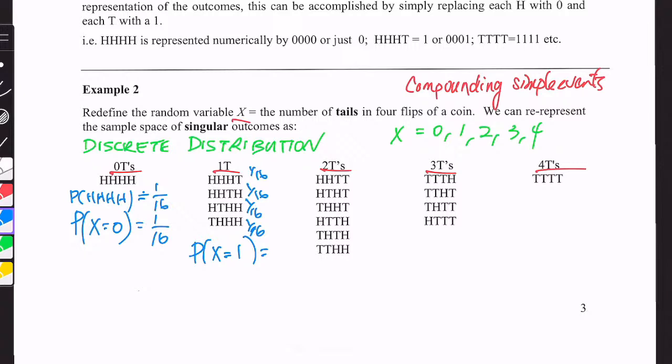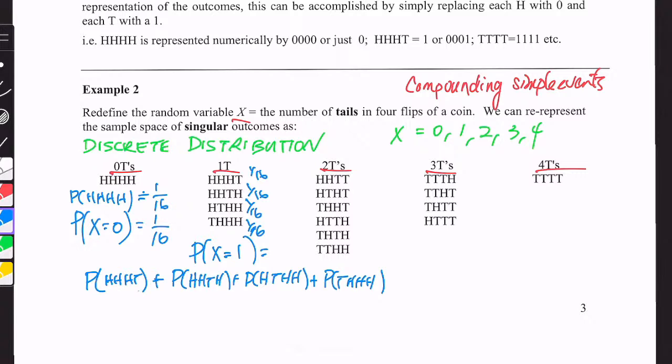Right, so it should be 25% because what you're going to do is say probability of H, T plus, right? This is an example of or: H, T, H, or H, T, H, H, or T, H, H, H. Right?